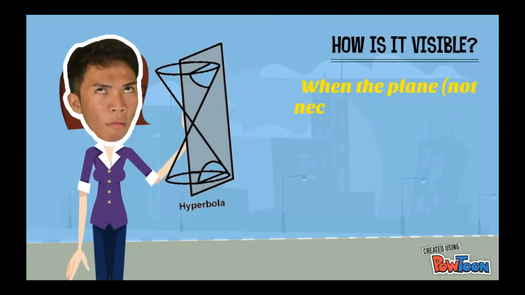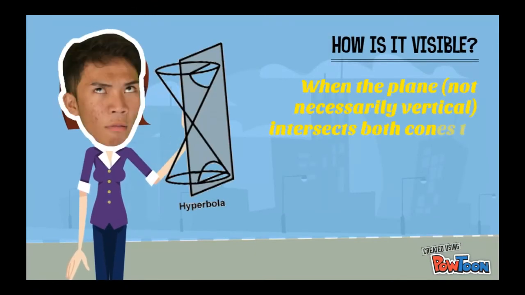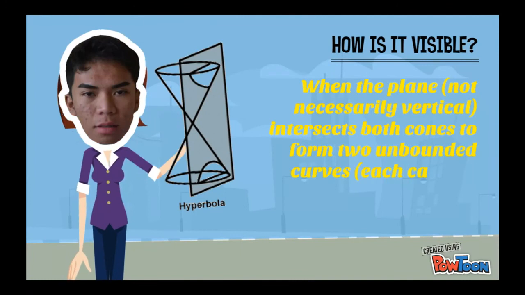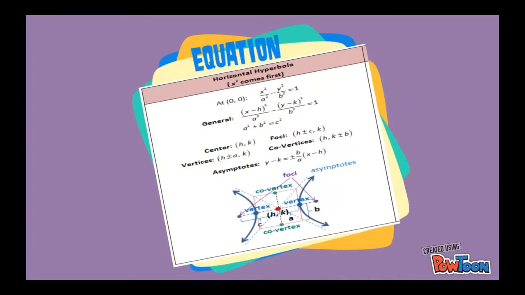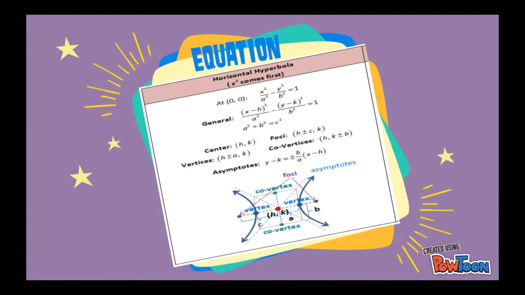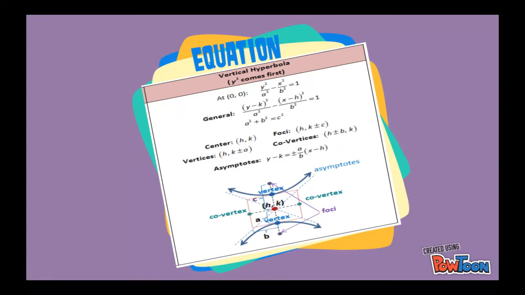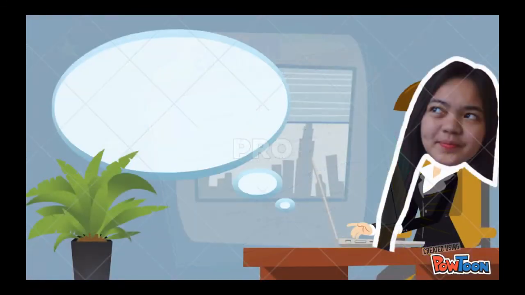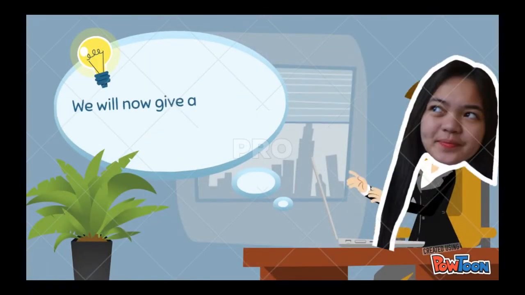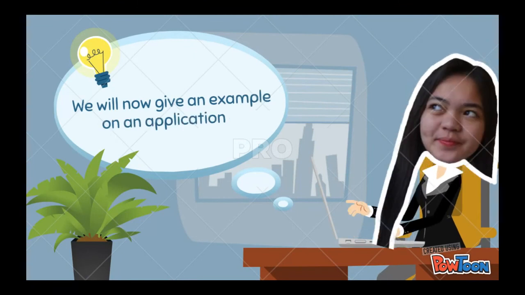When the plane, not necessarily vertical, intersects both cones, it forms two unbounded curves, each called a branch of the hyperbola. We will now give an example of an application of hyperbola.